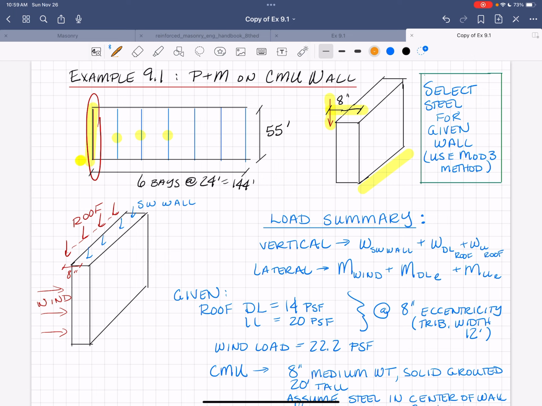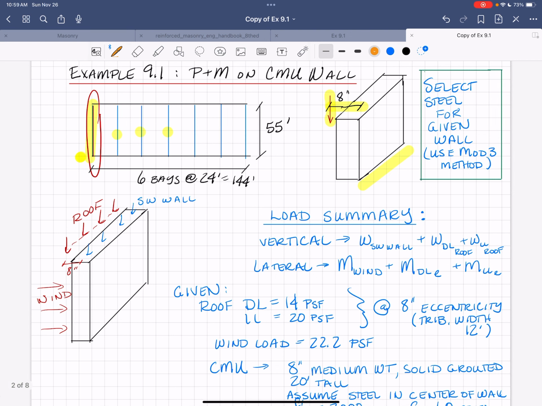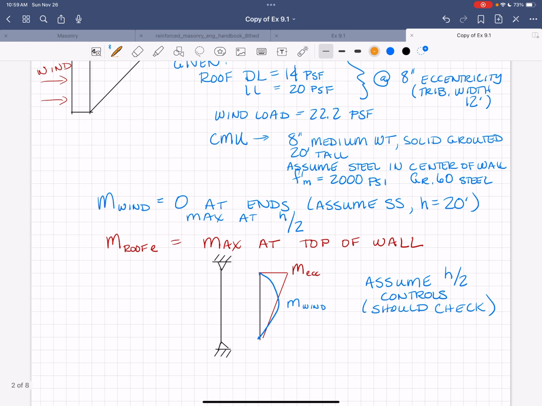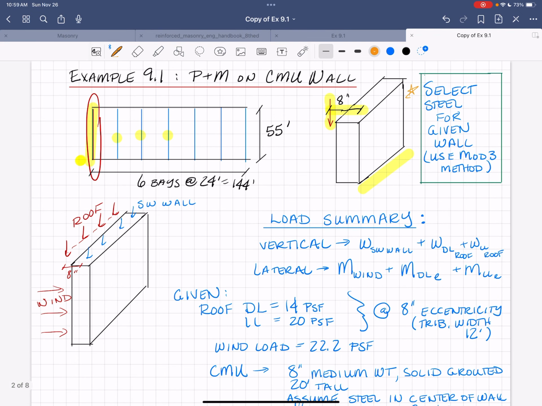All right, so I've got several things going on here. What I'm going to want to do for this problem is essentially select the steel for the given wall. We're going to use the modified method 3 for this, which is the most common one. It will be a tension controlled section, and we're going to assume it's basically simply supported top and bottom, and it has a height.